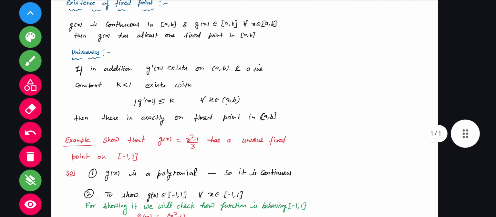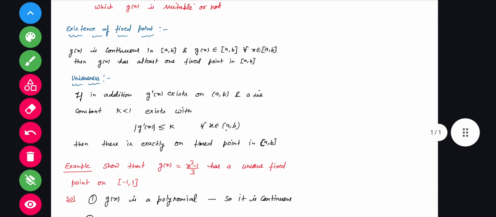One more thing: whenever we test a g of x and find on the calculator that it converges, we then need to prove that this g of x really has a fixed point.